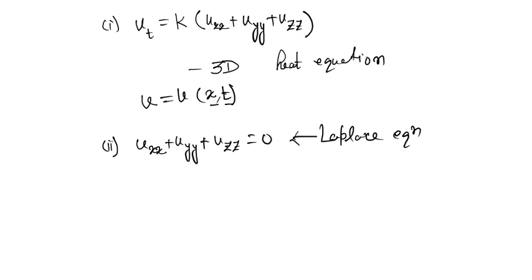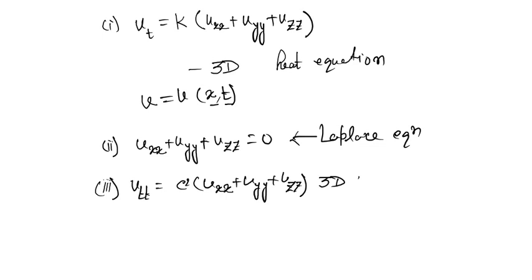Okay, let me take some more, like u tt equal to c squared into u xx plus u yy plus u zz. This is nothing but the three-dimensional wave equation, and the previous equation is also called the 3D Laplace equation.